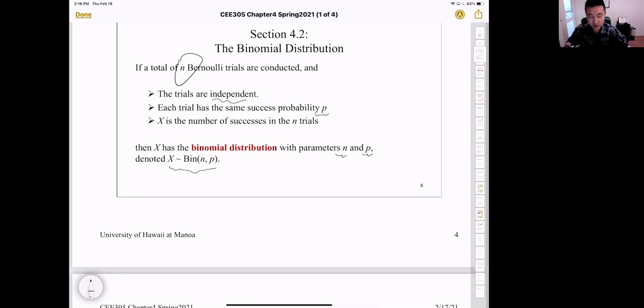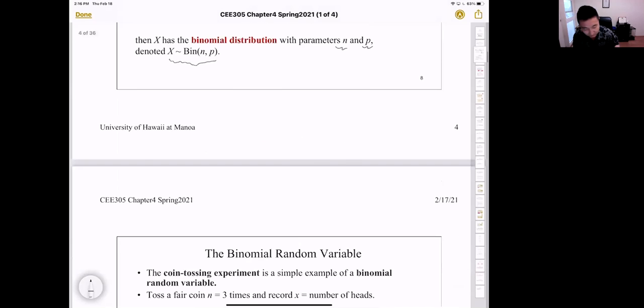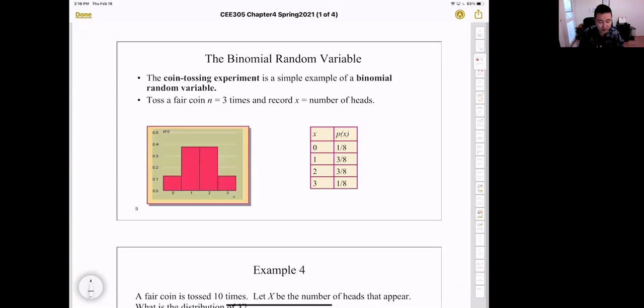We have dealt with some binomial distributions before. For example, we toss a coin n times. The coin toss experiment is a simple example of a binomial random variable, because each toss of a coin is a Bernoulli trial.